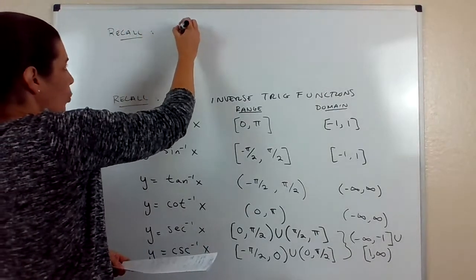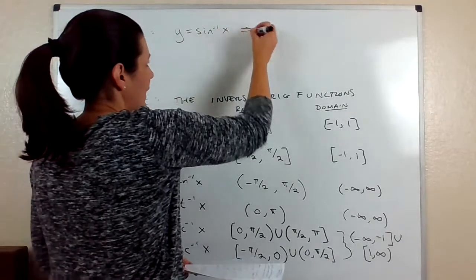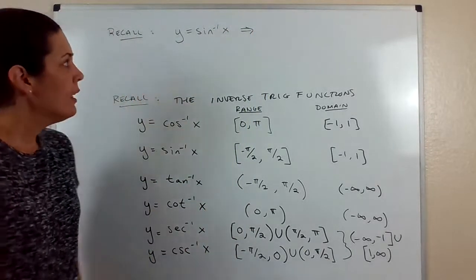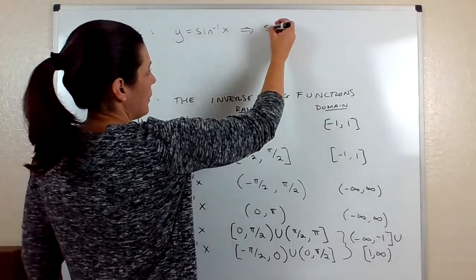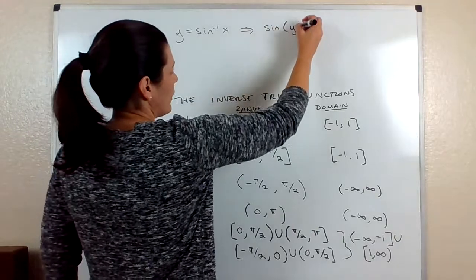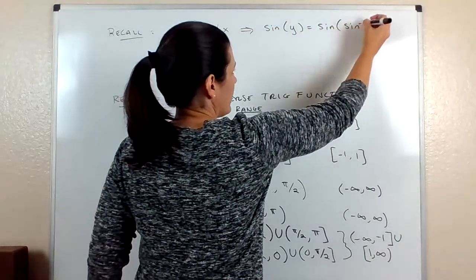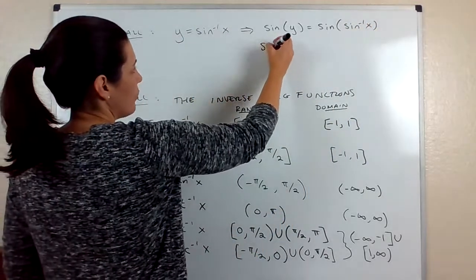that if you have y equals sine inverse of x, what does that actually mean? I gave you all the technical stuff here, domain and range. But you can actually apply sine to both sides of this equation. If I apply sine to both sides, look what happens. On the left, I just have sine of y.